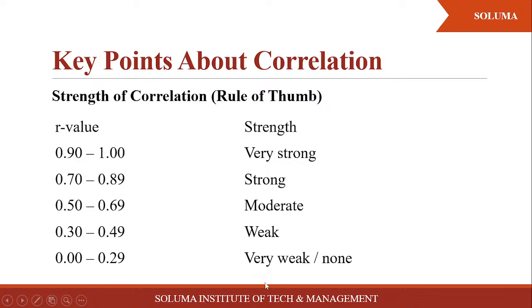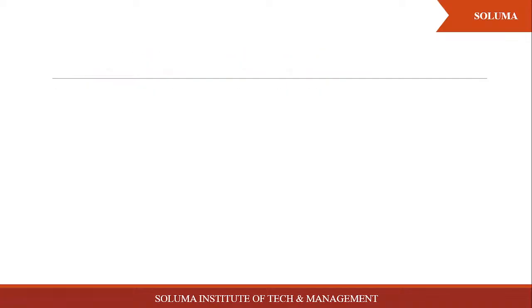If it's 0, it's none, but if it's 0 point something, it's a very weak relationship. 0.3 to 0.49 is weak. Then 0.5 and above, we have that in the previous section. These are key points about correlation which we established in the previous session.